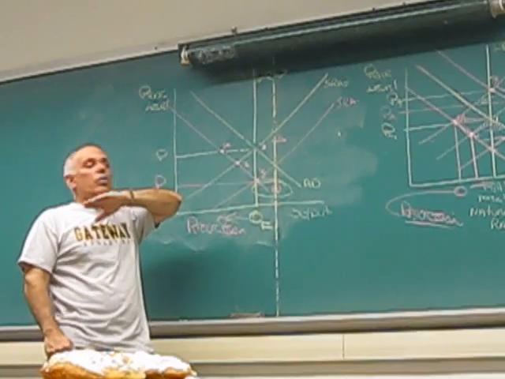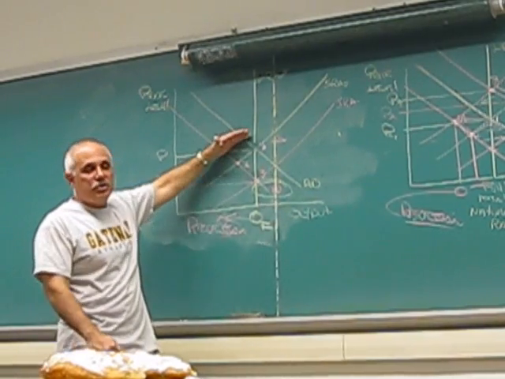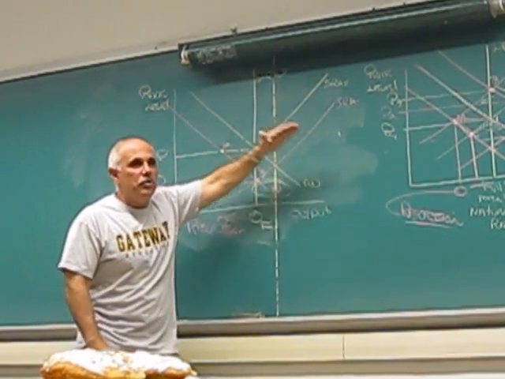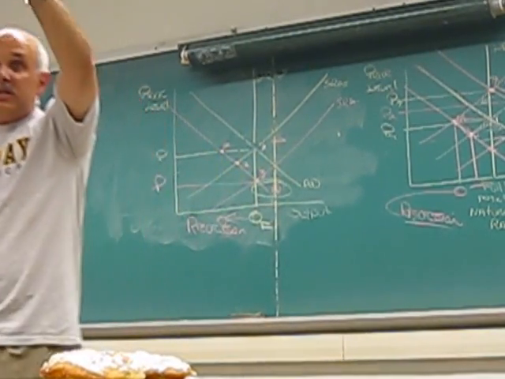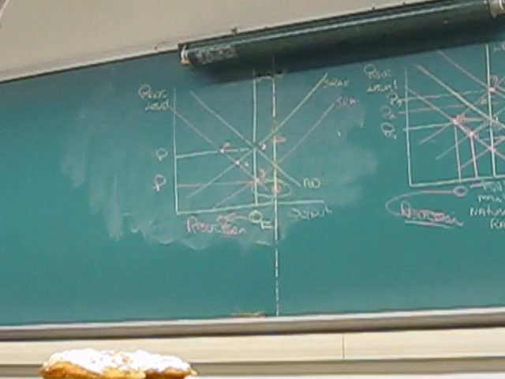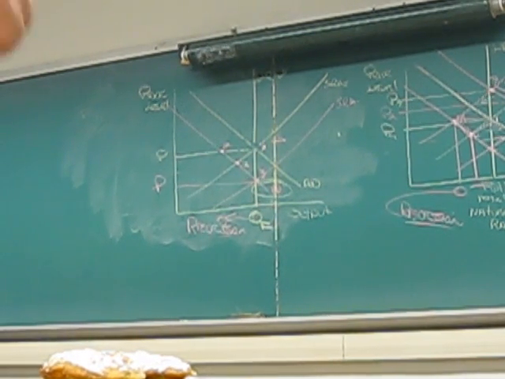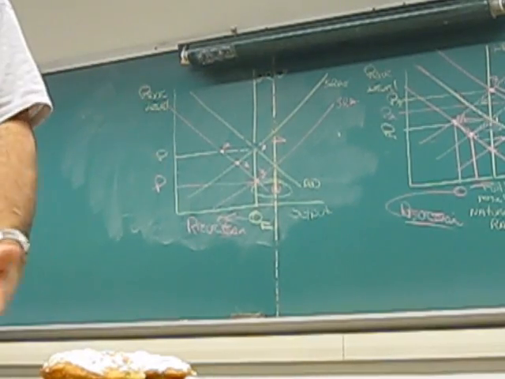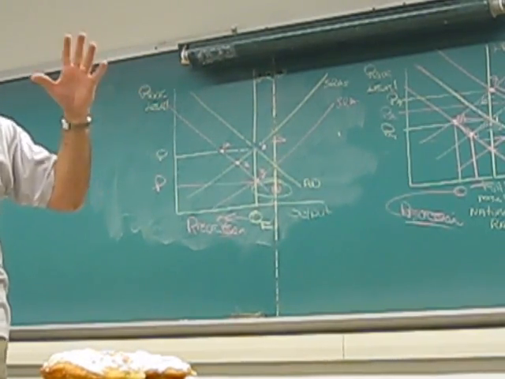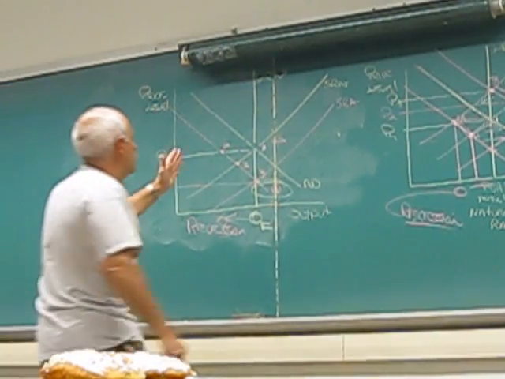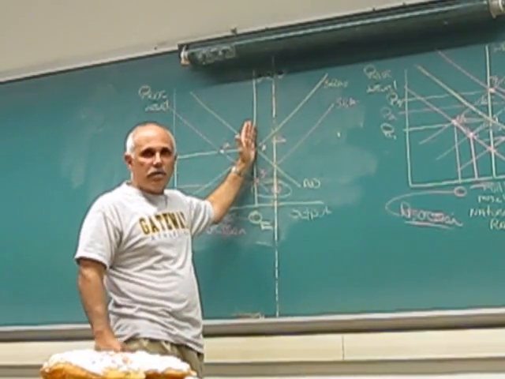So what I advocate for is an expansionary fiscal policy: an increase in government spending and a reduction in taxation. And that's exactly what happened last year. The stimulus package that you hear about and people complain about is a classic expansionary fiscal policy, which was intended to make this go back to here.